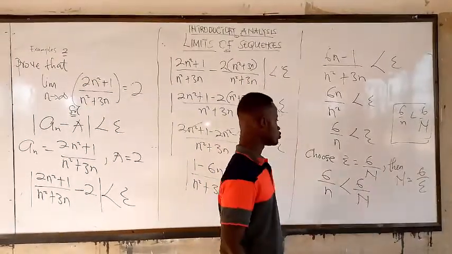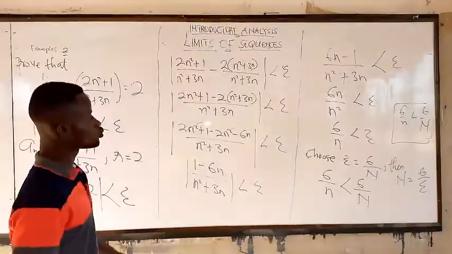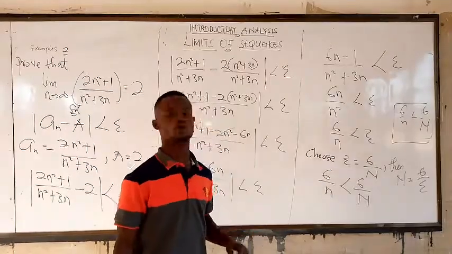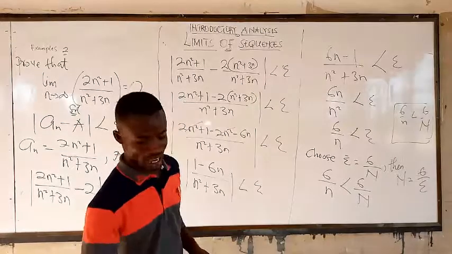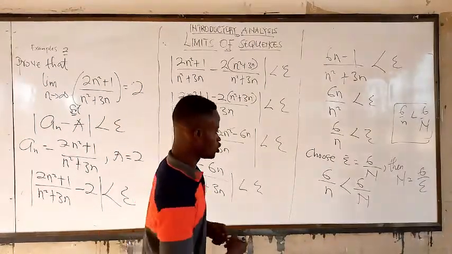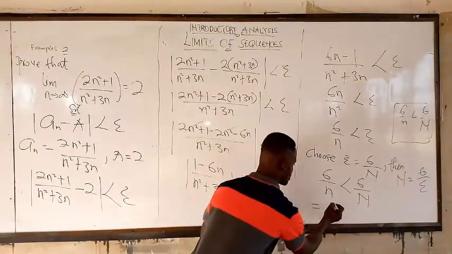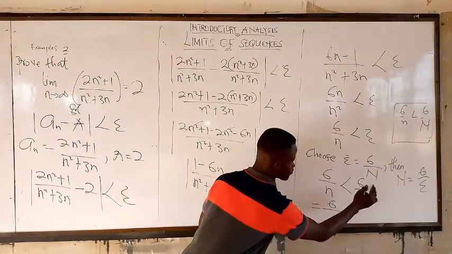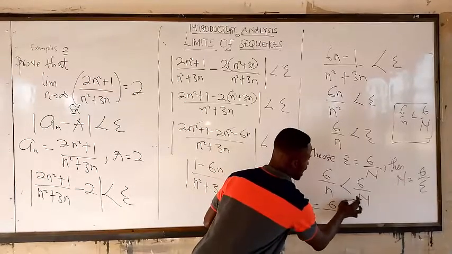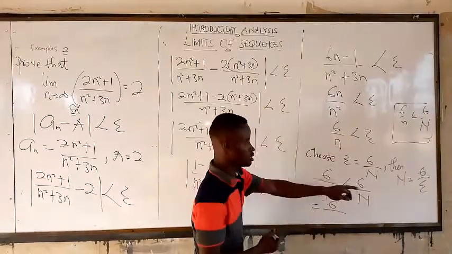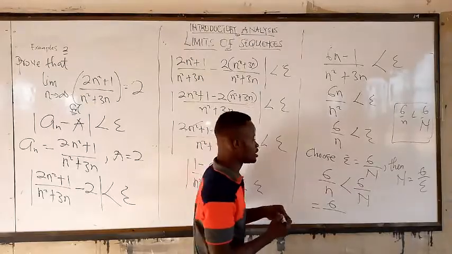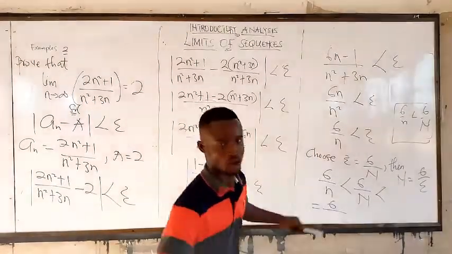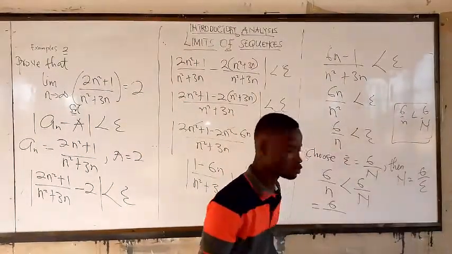So here we are going to replace the capital N by 6 over what? Epsilon. By 6 over epsilon. So the whole of this capital N is equal to 6 over epsilon. Please, some people normally bring less than here. If you bring less than here, it's wrong. You can bring the equal to sign there.